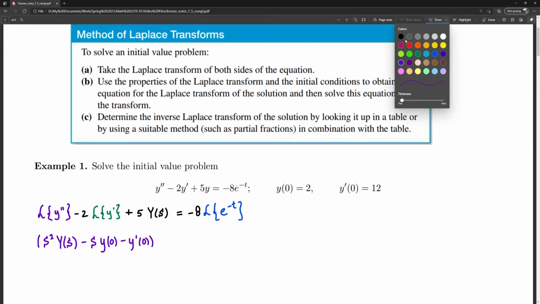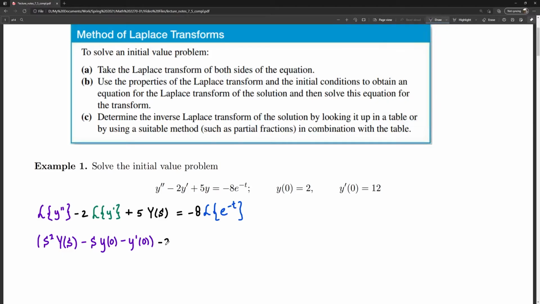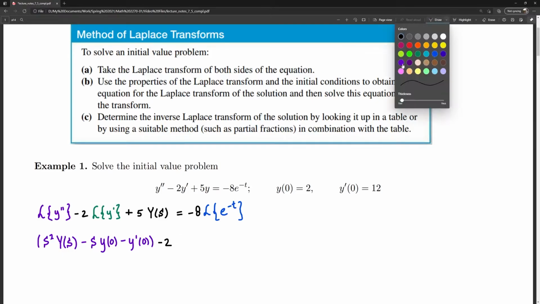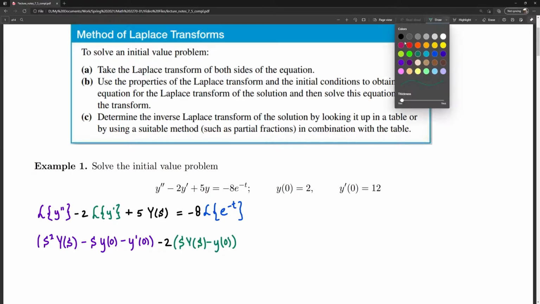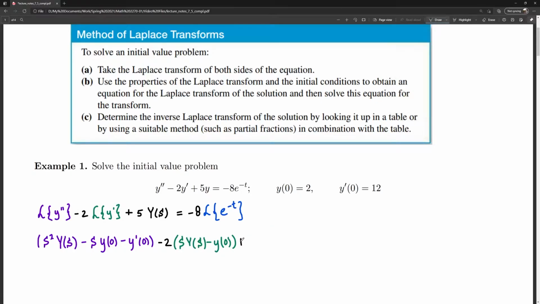And then we subtract from that 2 times the Laplace transform of y prime. According to the properties of the Laplace transform, this is s times Y of s minus y at 0. And then we just keep plus 5 times Y of s.